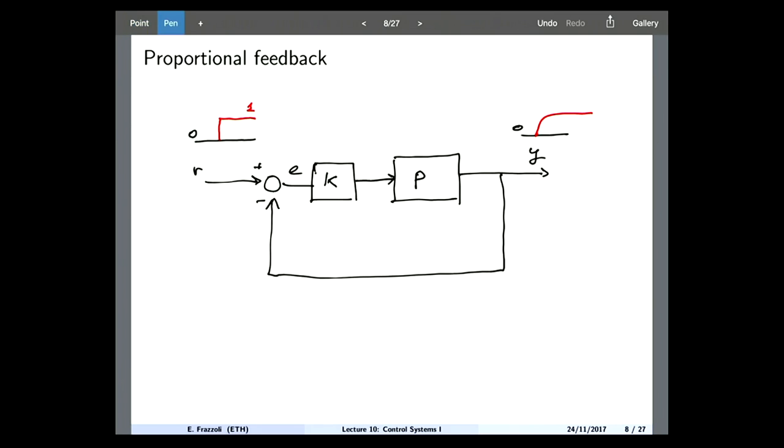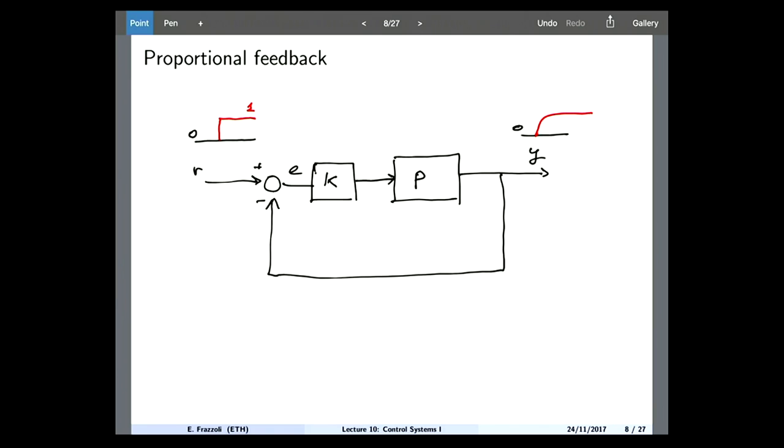Any idea? So let's say my reference is eventually 1, so the steady state value of my reference is 1. What I want to compute is the steady state value of my output, y.